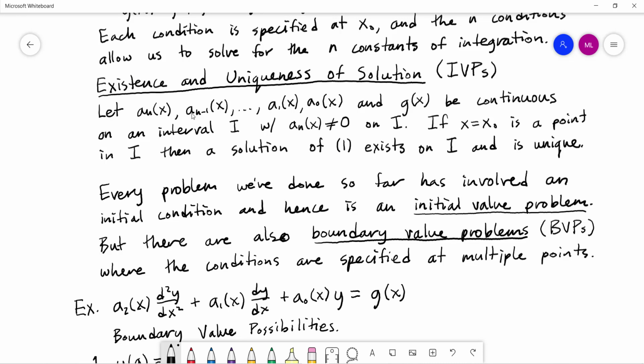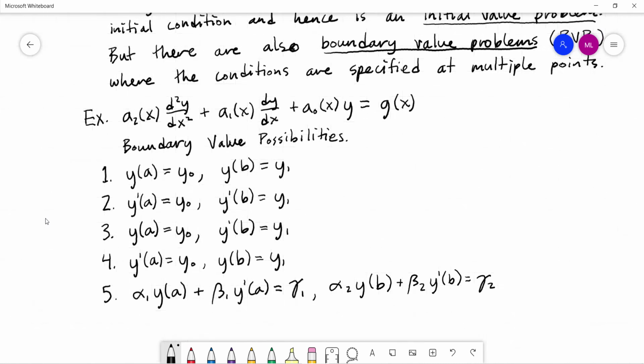We can let a_n and a_(n-1) down to a_0 all be nice continuous functions along with the g of x. We can have all those things be nice. We can have our linear differential equation, and it's still possible to get one solution, infinite number of solutions, or no solutions, depending on what the boundary values are that are picked.